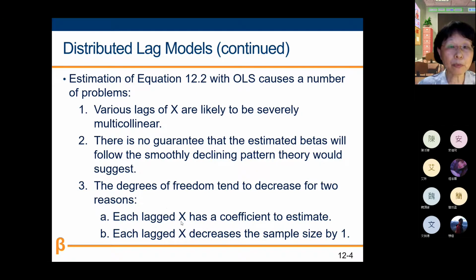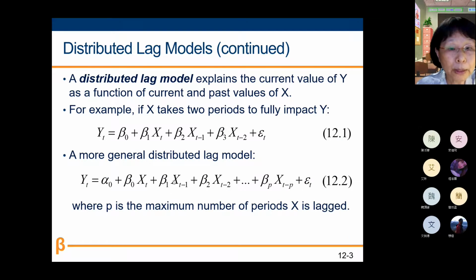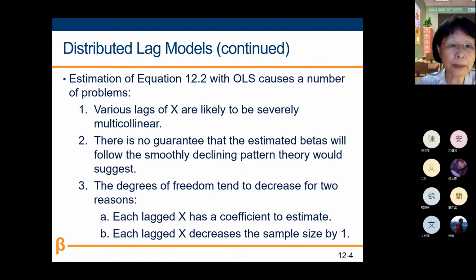The first is that if we increase the lags of X variables, the model will increase the number of independent variables, therefore decreasing the sample degrees of freedom. And the second one is each lag X decreases the sample size by 1.